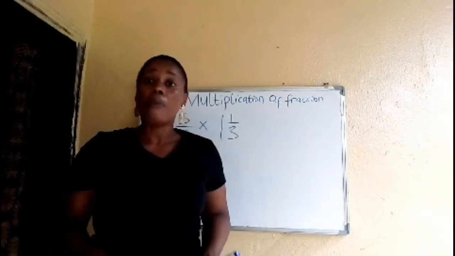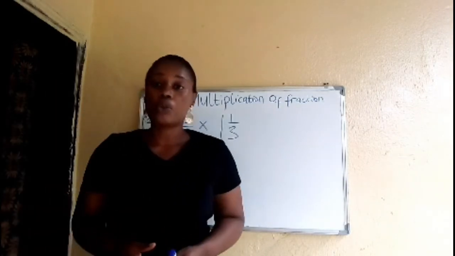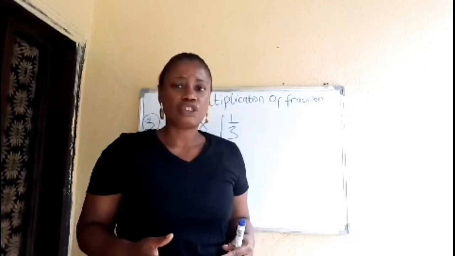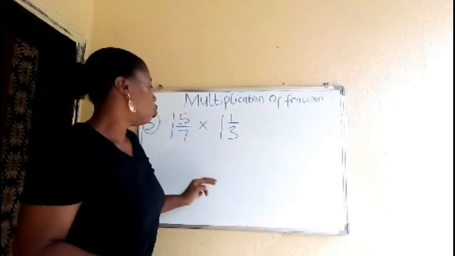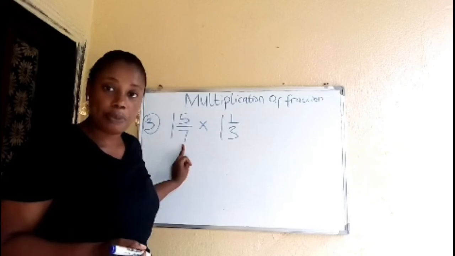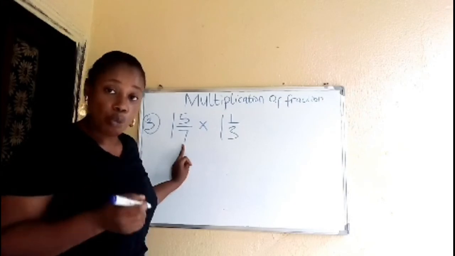Example 3. Now, mixed fractions can also be multiplied. When multiplying mixed fractions, what do you do? You have to first of all change the mixed fraction to an improper fraction before you multiply.